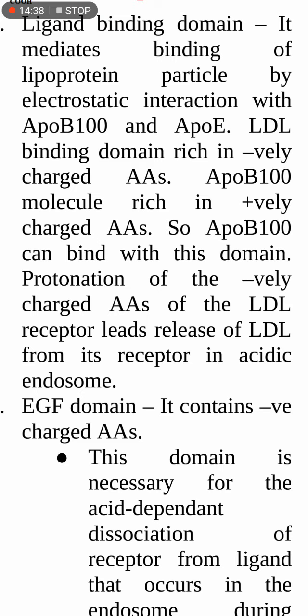So the LDL molecule gets detached from the LDL receptor.